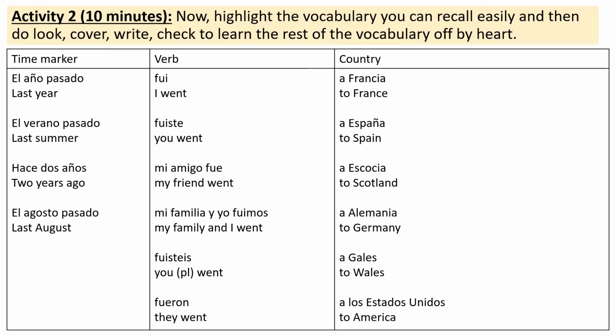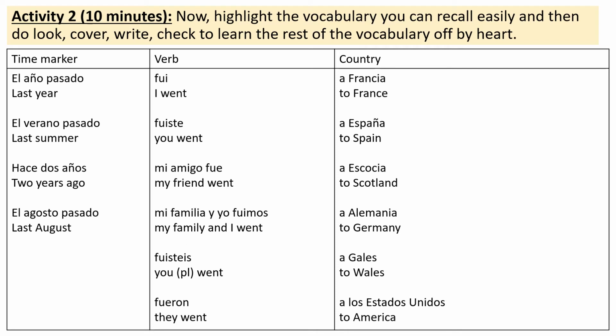And now, what I would like you to do is take a moment to highlight the vocabulary that you already know, that you feel you know inside out and can recall really easily. An example of this would be fui, I went, because we've used that in almost every single topic since Year 8, when you first learnt it.